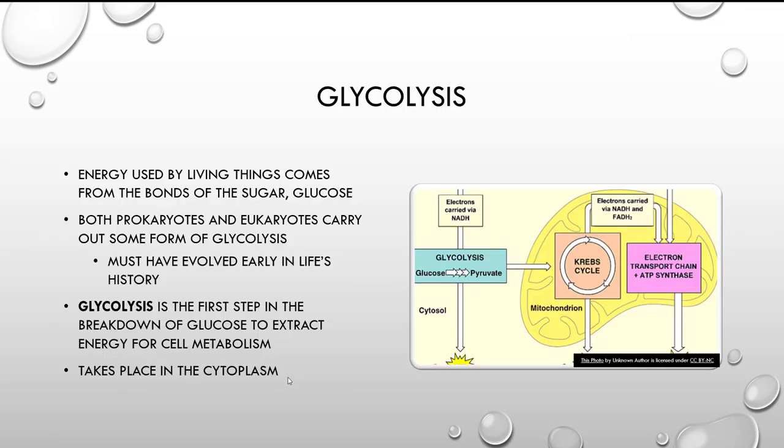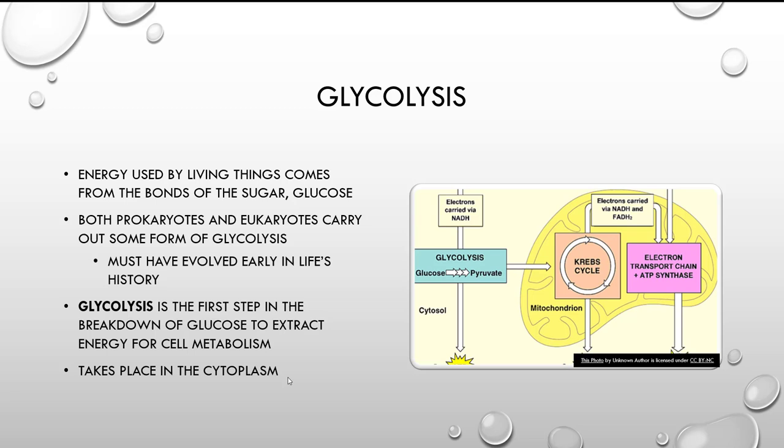So again, we are going to be learning about glycolysis, and this is going to be the first step of cellular respiration that's carried out by eukaryotes. Some organisms will just do glycolysis. And so that's why both prokaryotes and eukaryotes carry out some form of glycolysis.